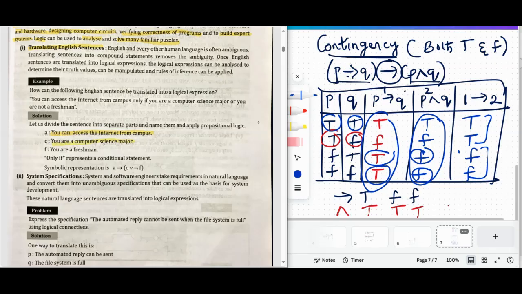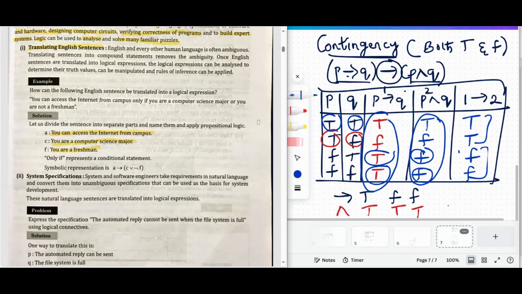For example: you can access the internet from campus; you are a computer science major; you are a freshman. So if they have given: you can access the internet from the campus only if you are a computer science major, or you are not a freshman. Here the statement given in the example can be written in the form of symbols. A is: you can access the internet from the campus, implies, since if-then is used, the implies symbol.